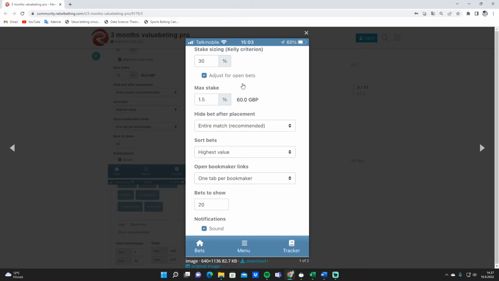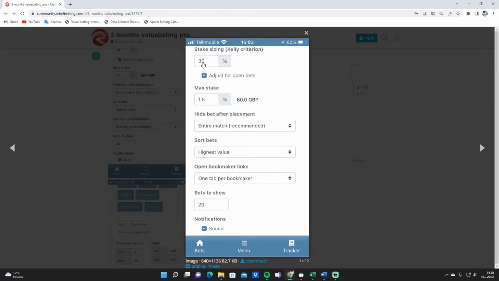What this setting does is, if you have a lot of open bets, it reduces the stake on every bet. So basically you can't invest all of your bankroll at once. So you always have at least a little bit of money left on your bankroll to place more bets, but I don't like that.